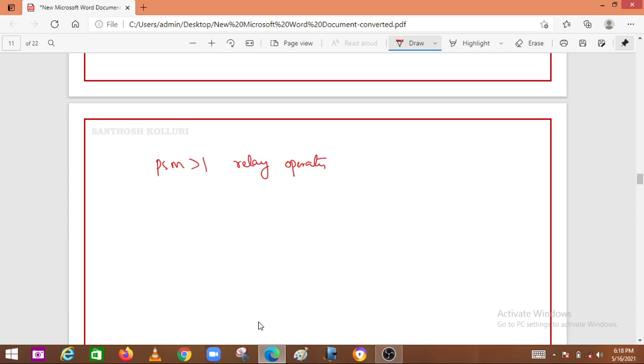If the plug setting multiplier is equal to 1, then the relay is on threshold, about to operate. If the plug setting multiplier is less than 1, then the relay will not operate.